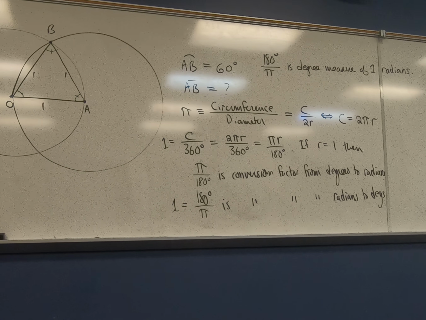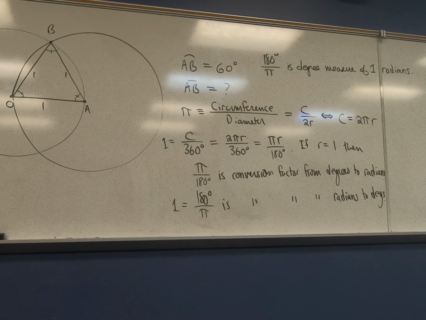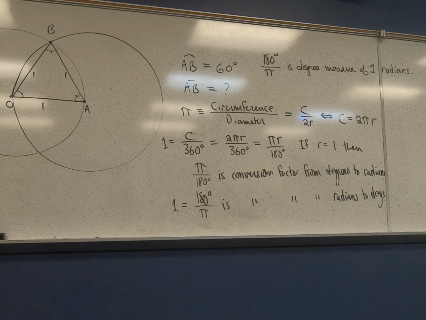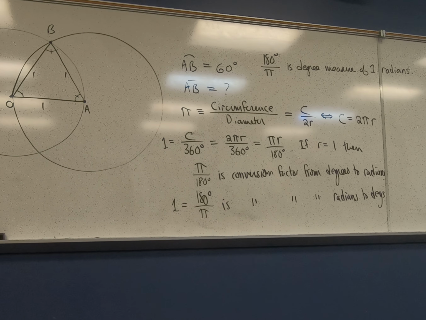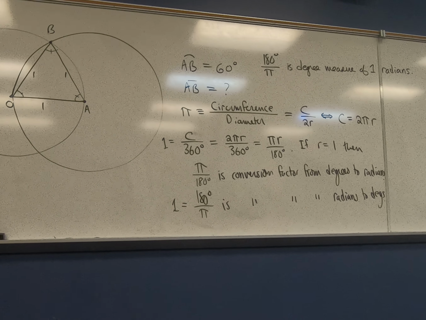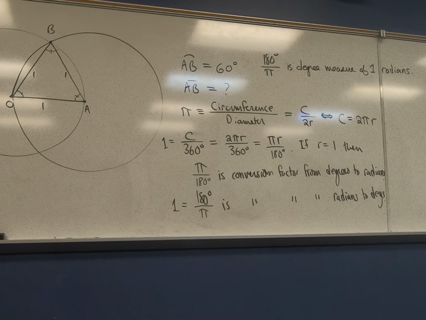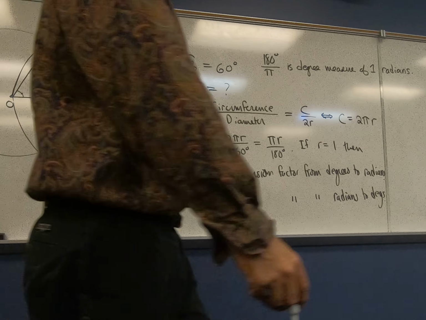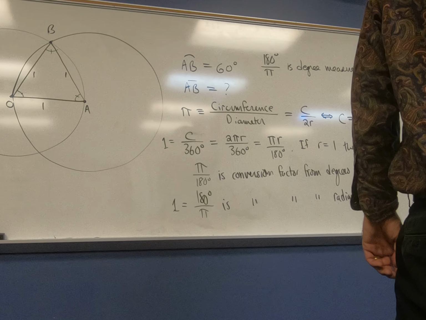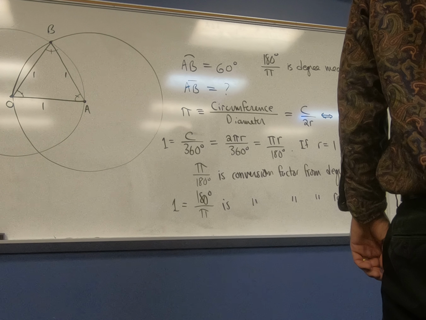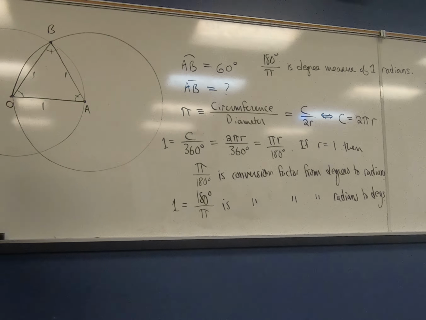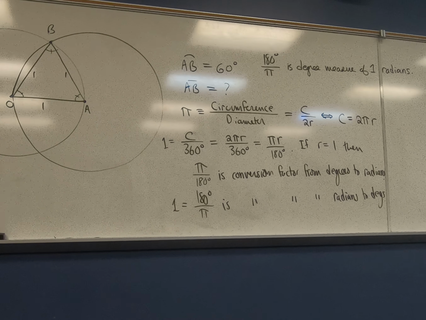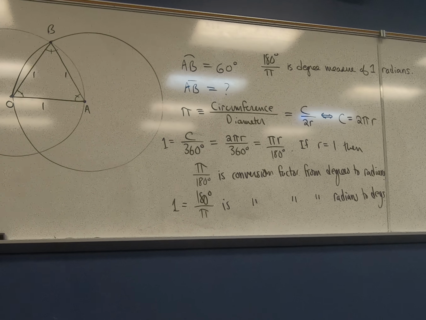We would have 180 divided by pi. It's going to be approximately 0.295, so I guess closer to 0.30 than anything else. So we could write 0.30 there, to the nearest hundredth of a degree.